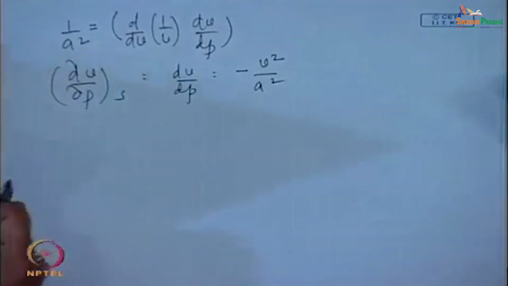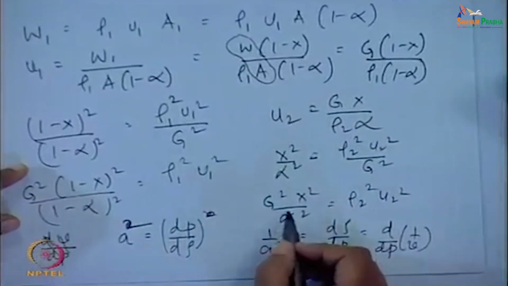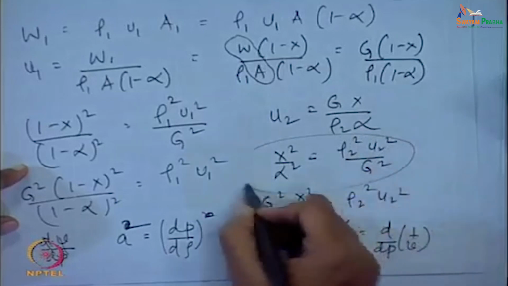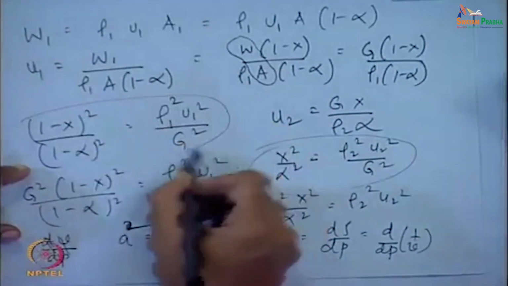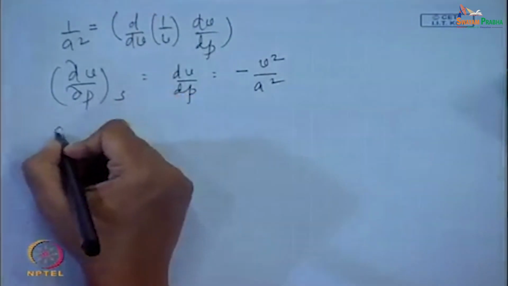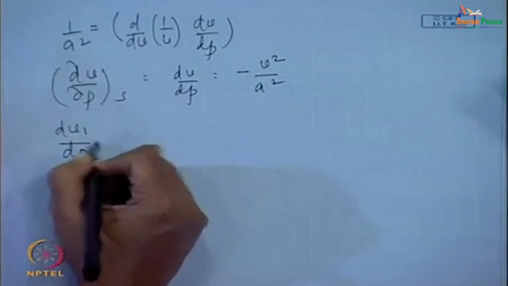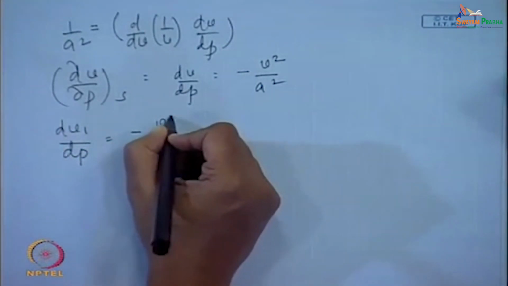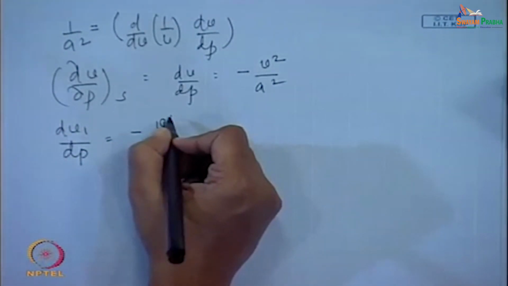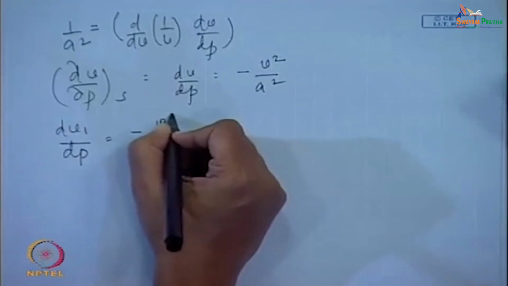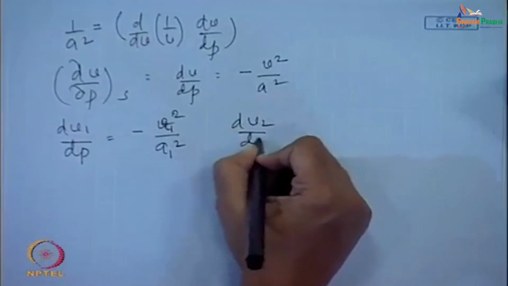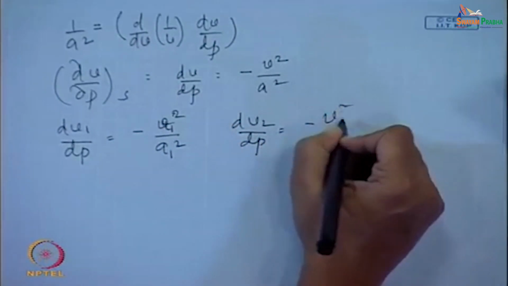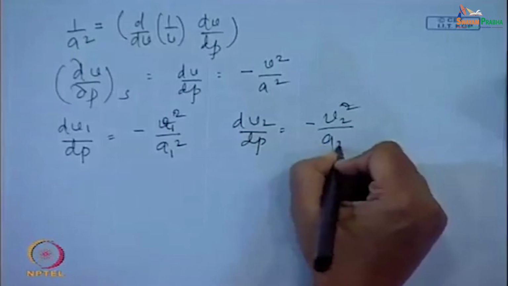So, therefore, whatever we have substituted here, this particular term, then the other one is this one, and dv1 dp is minus v1 square by a1 square, and dv2 dp equals minus v2 square by a2 square.